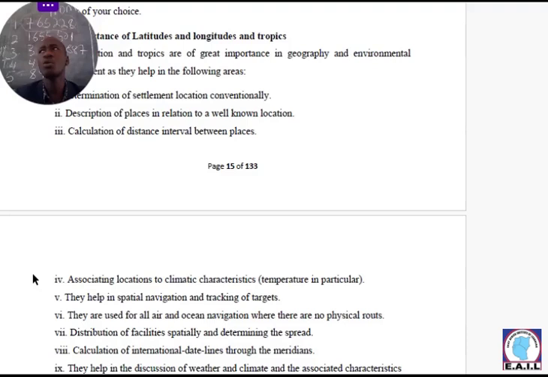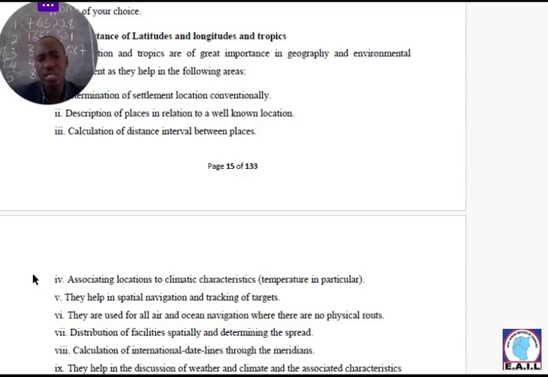And we talked about these latitudes that tend to be dividing the Earth, or that tend to be running parallel to the equator. We talked about the Tropic of Capricorn and the Tropic of Cancer. When you look at all those latitudes, they can easily determine the zones in which these areas are found.